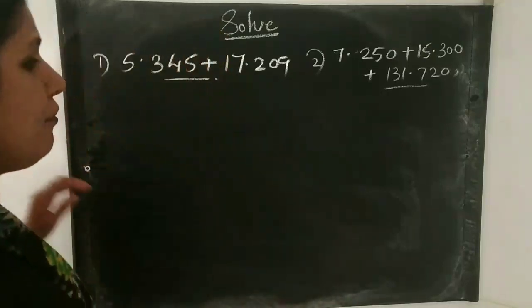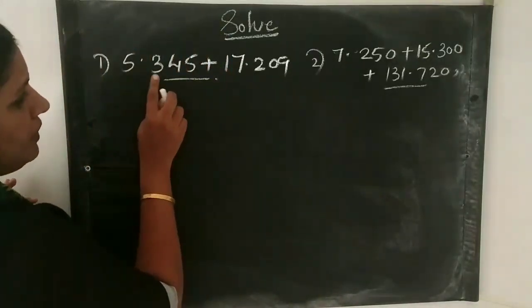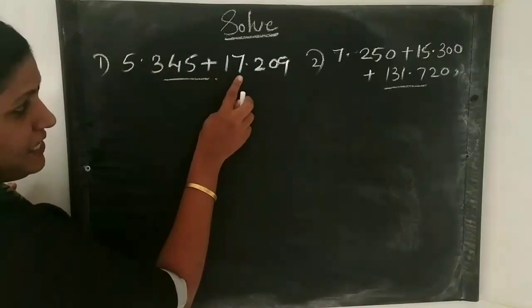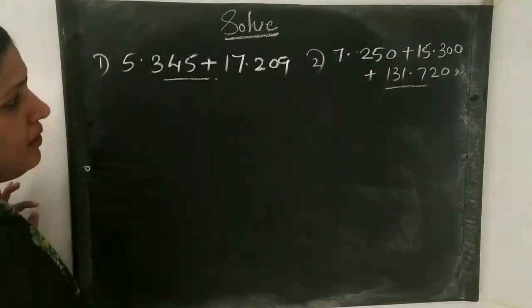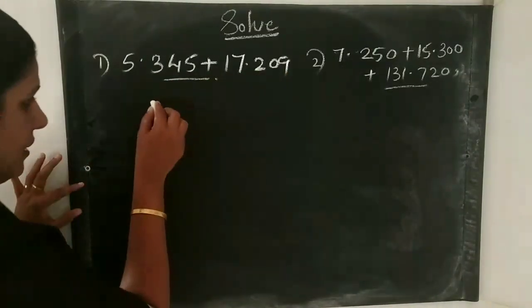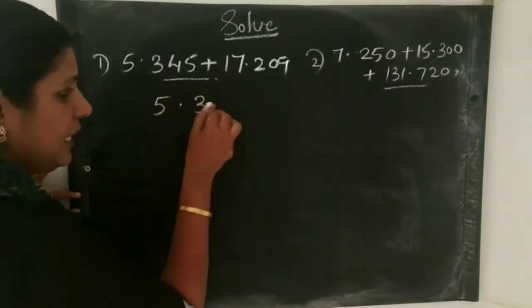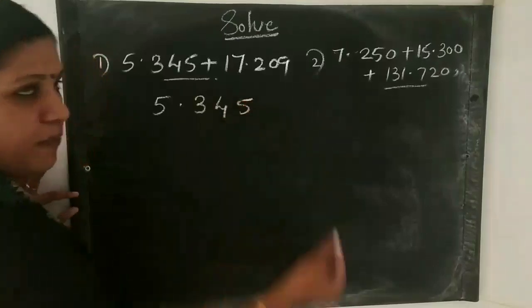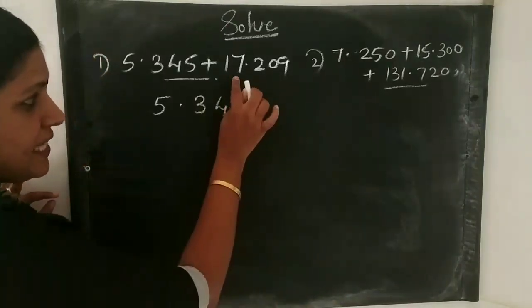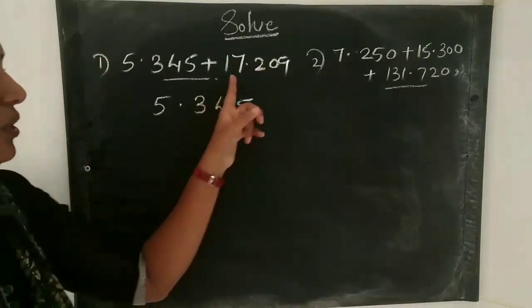Okay. Here our first question is 5.345 plus 17.209. So we write this number as 5.345. Then next is 17.209.